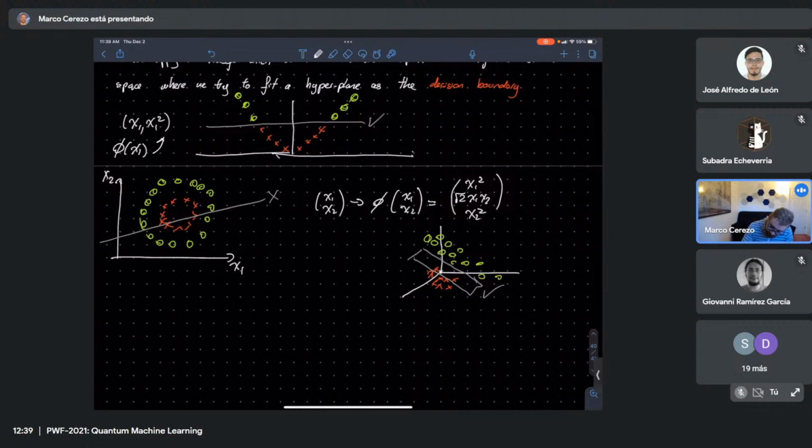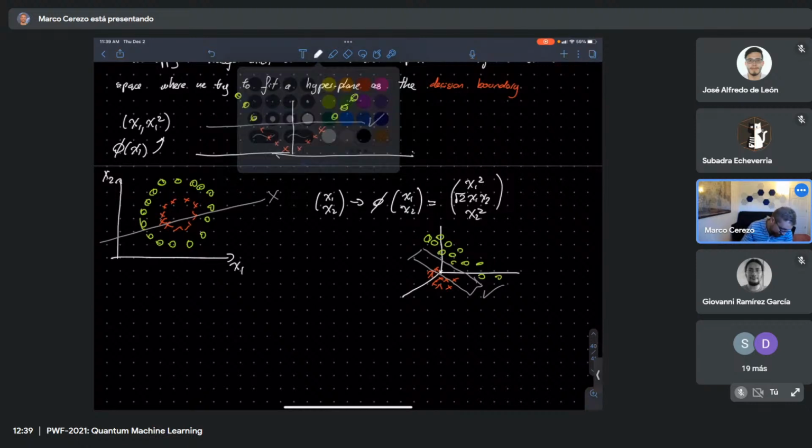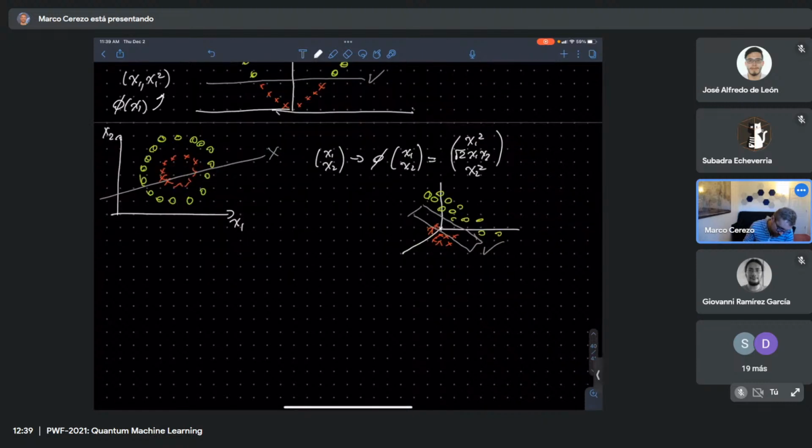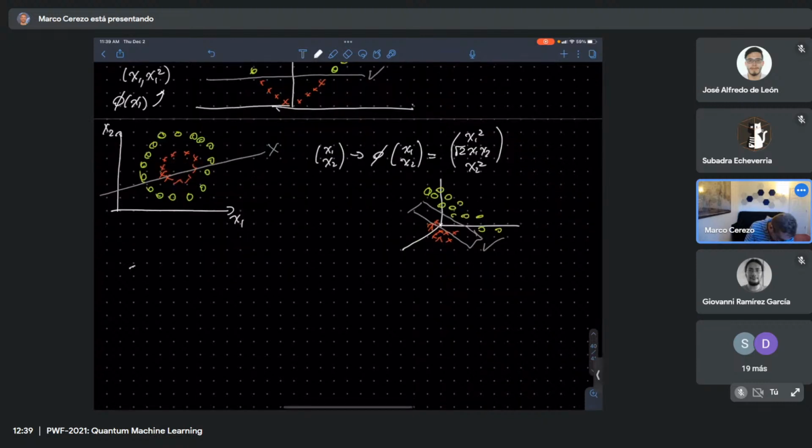So the kernel trick, again, is used to analyze data in the higher dimensional space.